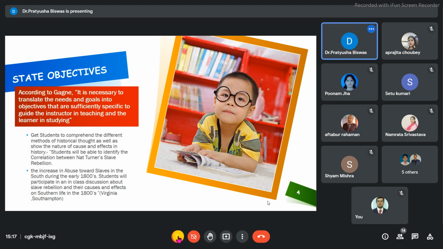So, get students to comprehend the different methods of historical thought, as well as show the nature of cause and effect in history. Students will be able to identify the correlation between Nat Turner's slave rebellion.